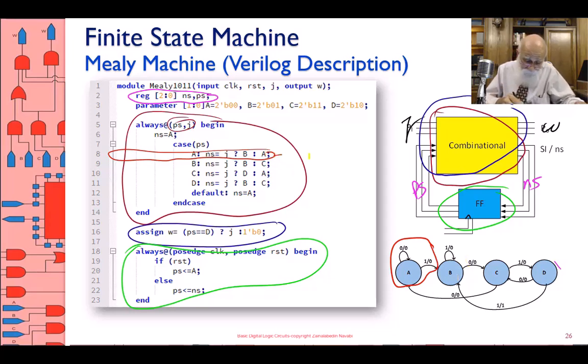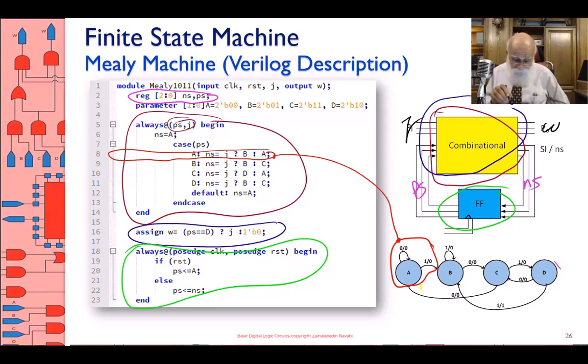See, this and this correspond exactly. If J is 1, my next state is B. I'm not saying anything about the output, remember. We are not doing that in there. We are doing that in the dark blue circle that defines W.